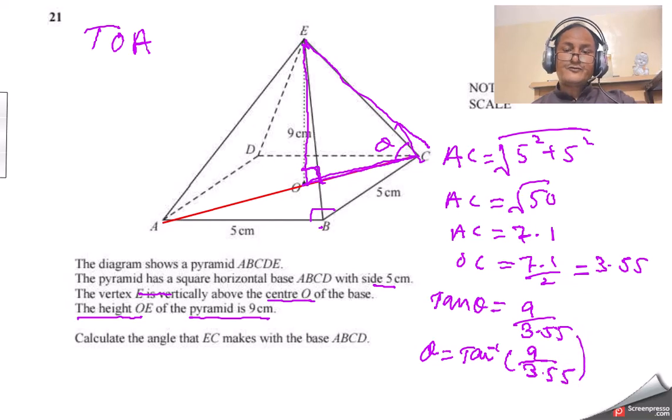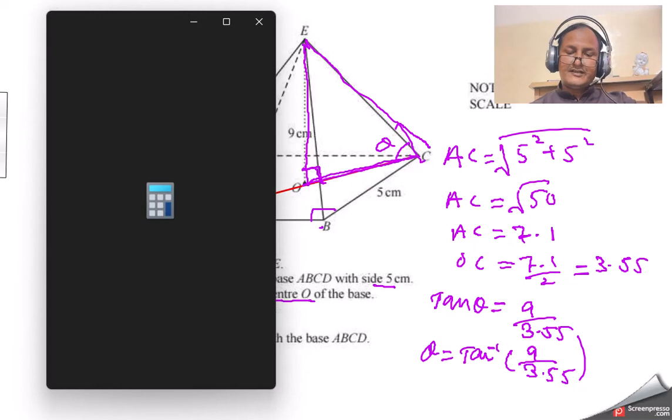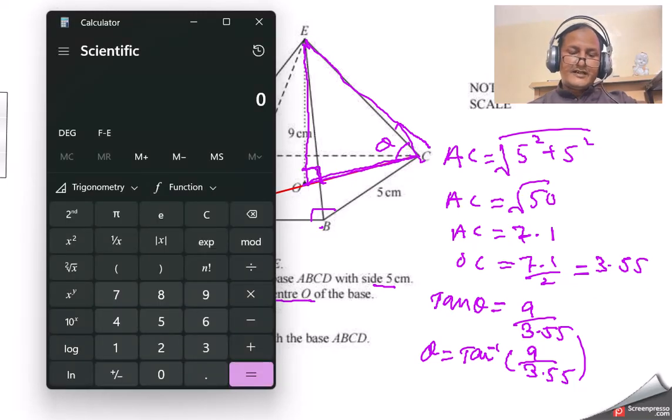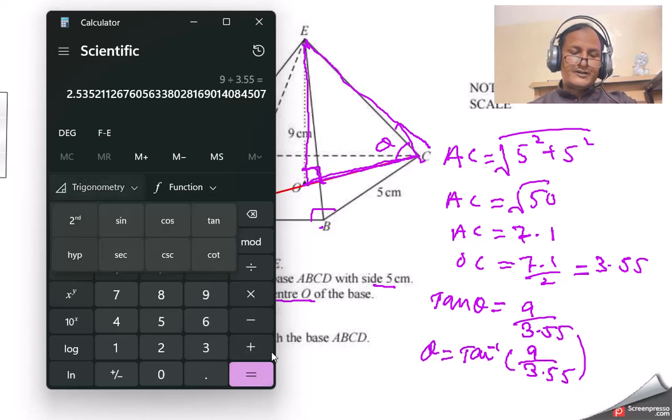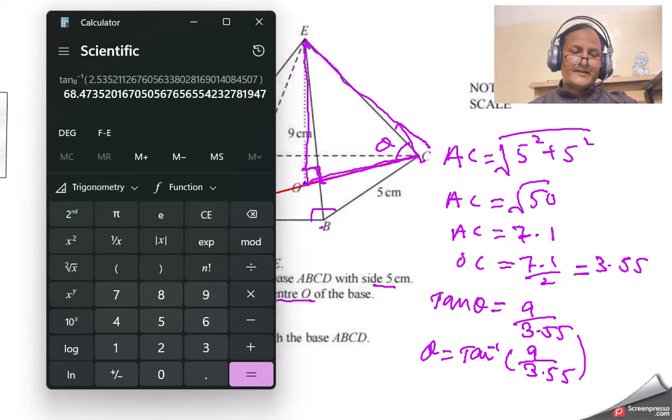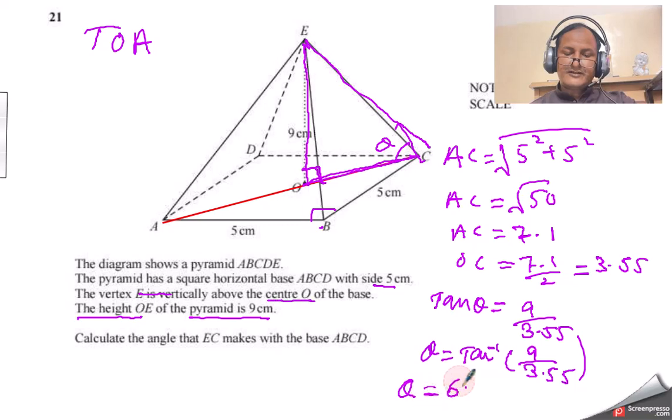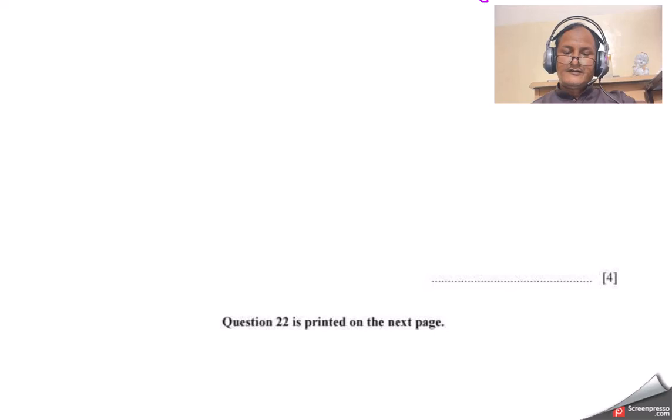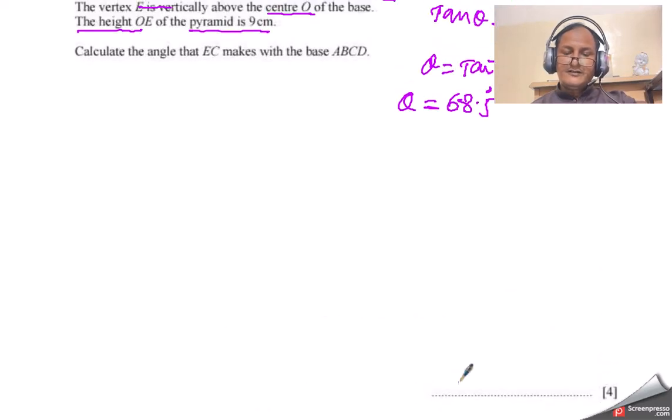Now we take 9 divided by 3.55, then we take the tan inverse of the answer. It gives us 68.5, so theta equals 68.5 degrees. It was a 4-mark question. You're supposed to write the answer in the answer space as well.